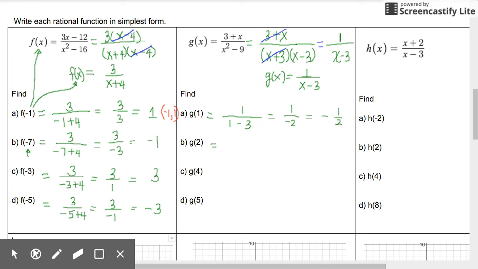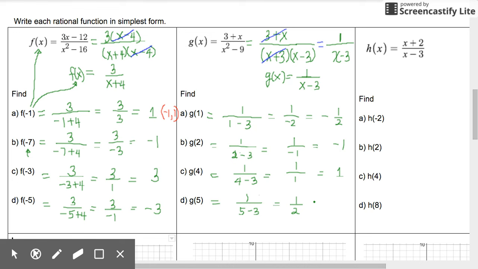G of 2 is equal to 1 over 2 minus 3, which gives us 1 over negative 1 equals negative 1. G of 4 is equal to 1 over 4 minus 3 equals 1 over 1 equals positive 1. And g of 5 is equal to 1 over 5 minus 3 equals 1 over 2. And that's the final answer for that.